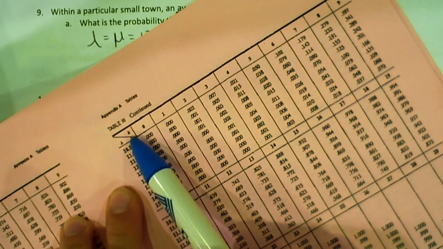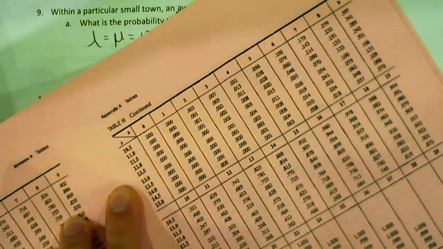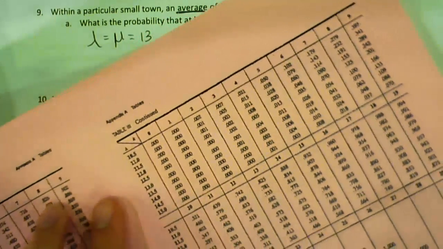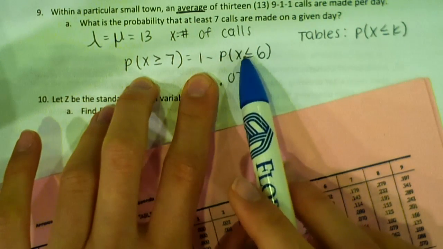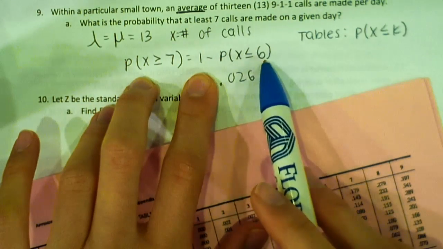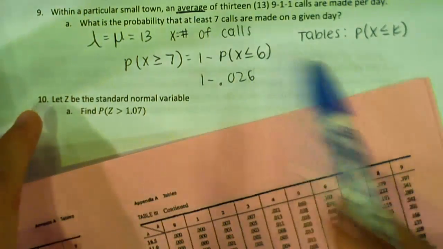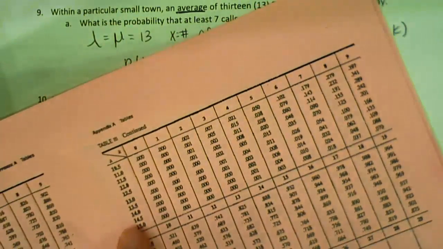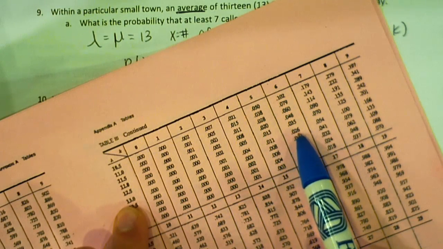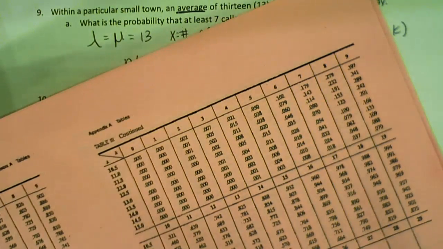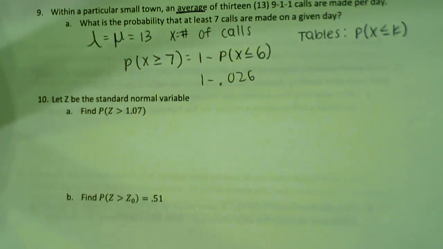And then our k, we're looking at what's the probability that at least 7 calls are made. And we said before, when we're looking at the tables, we have to use less than or equal to 6 in this case. So we go over to 6 right here. Everybody good with that? Okay.